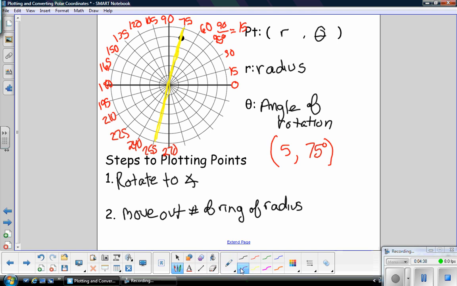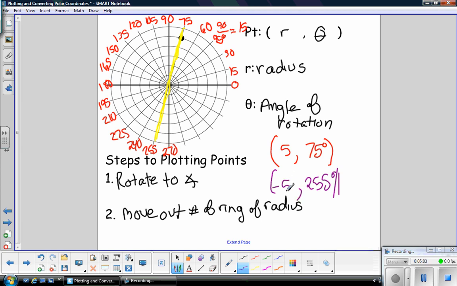Because if I rotate over to the angle of 255, because that's on that same line, so if I rotate to 255 degrees, but instead of going towards that angle, I go away from it, that would be a negative 5.